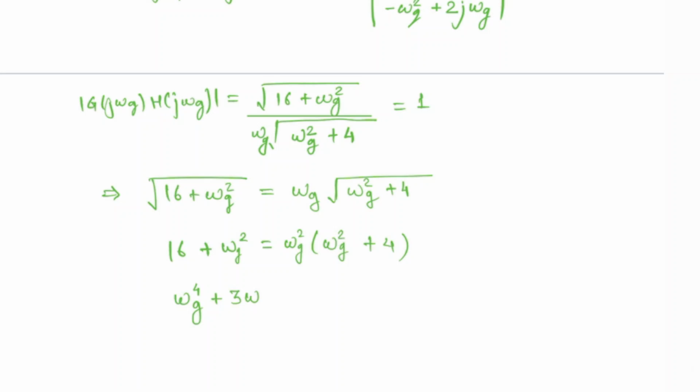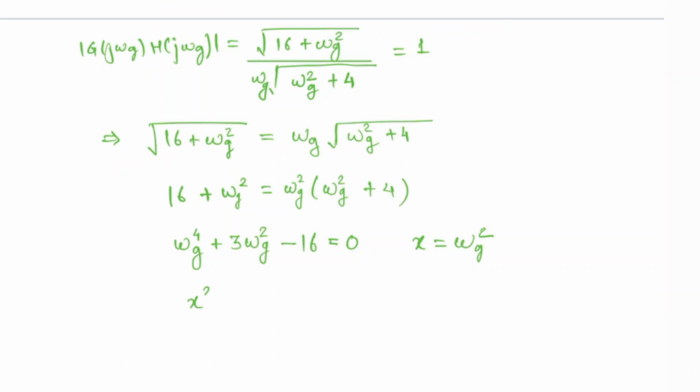So 3 omega g square minus 16 equals 0. If you take x as omega g square, this is x square plus 3x minus 16 equals 0.